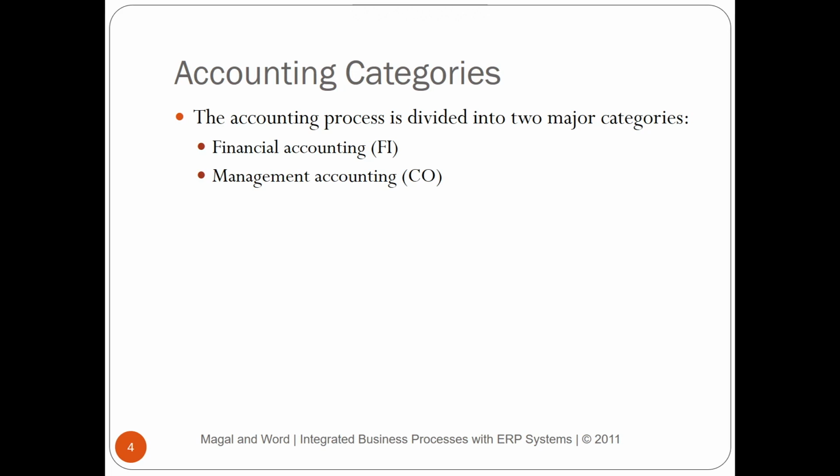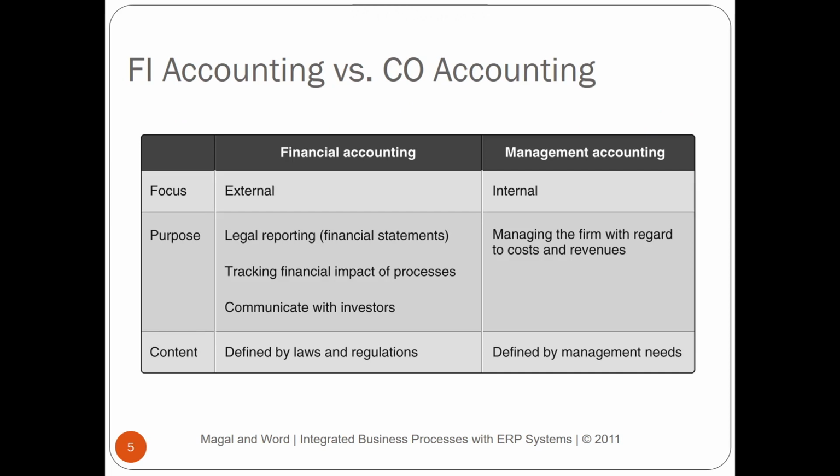However, unlike financial accounting, the content of these reports is not prescribed; CO reports are based entirely on management needs. So we can see in this table the key differences between the FI reports and the CO reports. We can see that the focus, purposes, and content are different.